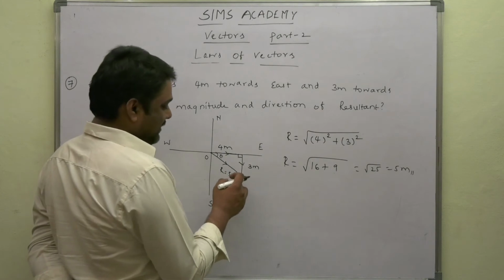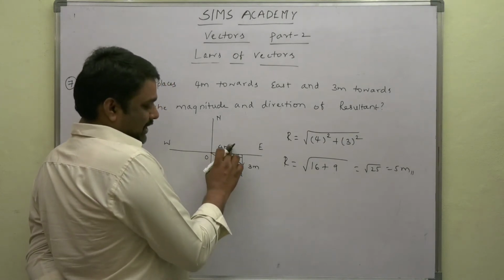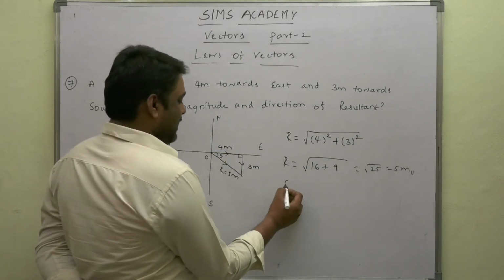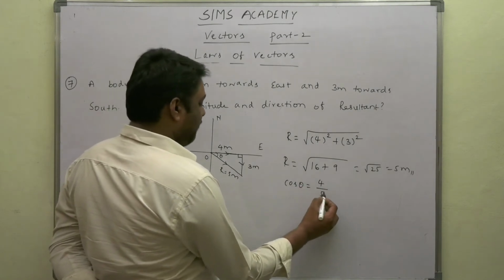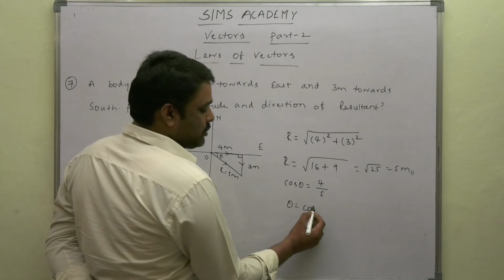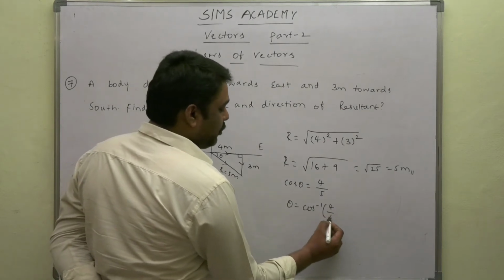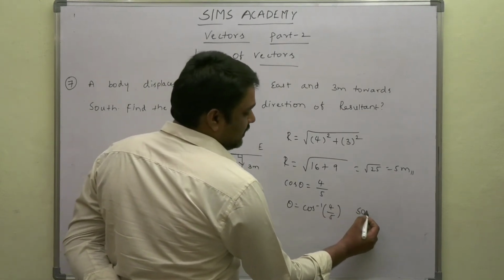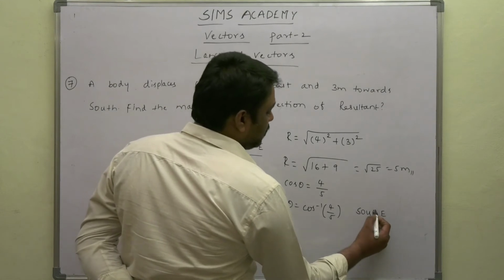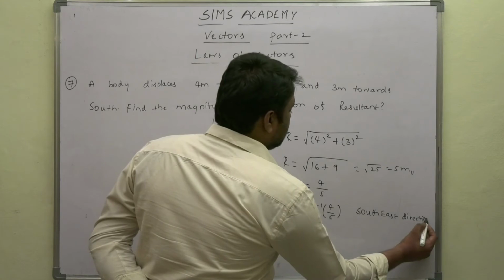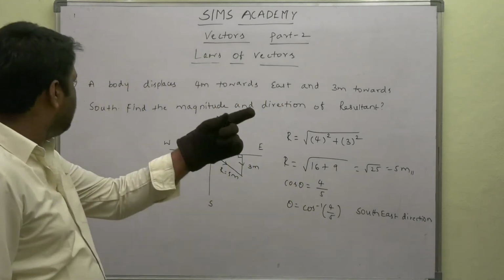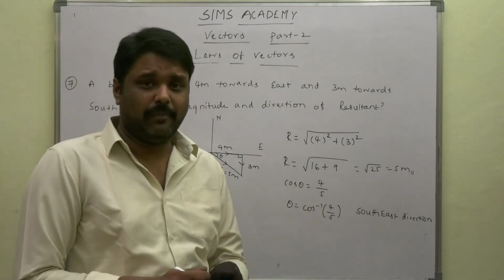This is adjacent to theta and this is hypotenuse. If we apply cos theta, we get 4 by 5. Then theta equals cos inverse of 4 by 5. That is nothing but the south east direction. This is about this problem.